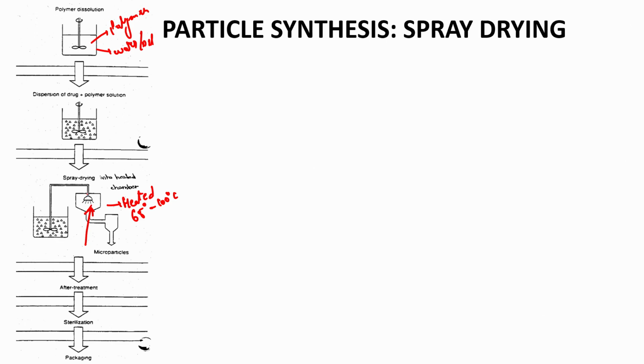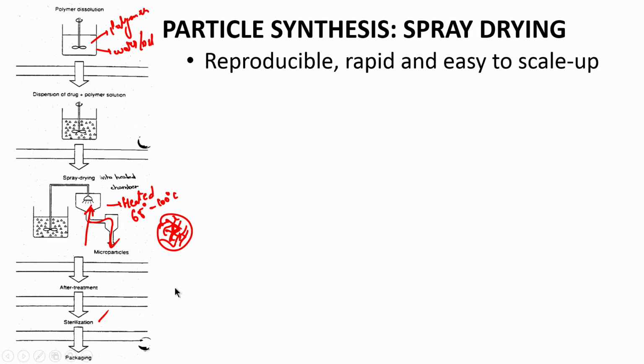It could be water, it could be oil, and whatever polymer chains were there in these droplets will then condense to form a particle encapsulating the drug, in this case these triangles that are being shown, and eventually you can collect your particles from the outlet chamber. After that you can do whatever treatment you want to do, you can sterilize it, you can package it and then use it for various applications.